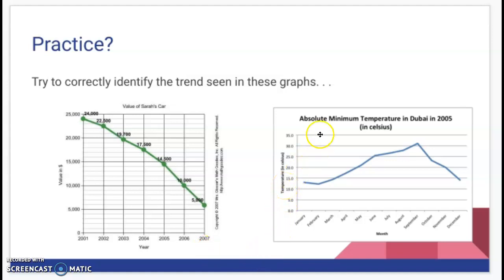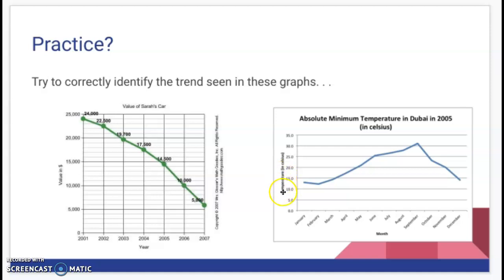Next, you're looking at the absolute minimum temperature in Dubai in 2005. So in terms of time, we're looking at the month. And then we have temperature.